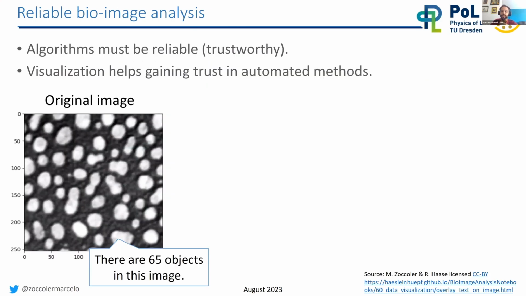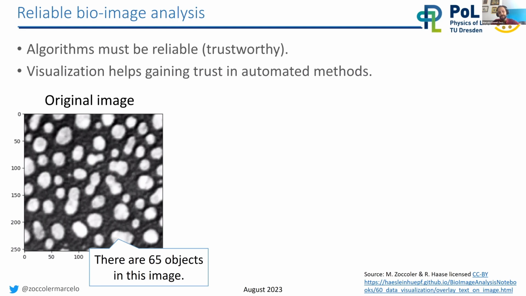This is good because we want to rely on computers to do the analysis for us, because they are more trustworthy than bias from person to person, for example. Most of the time we look for algorithms that could do the analysis for us, also to save time, of course. But having the visualization helps us gain trust in these automated methods.